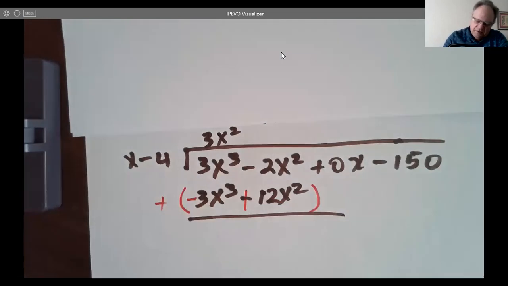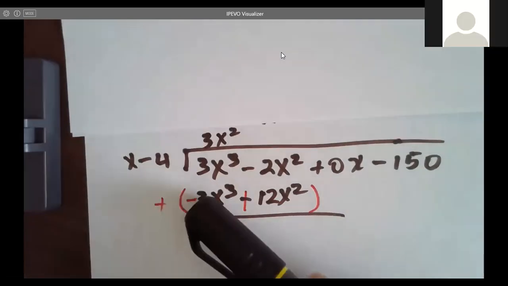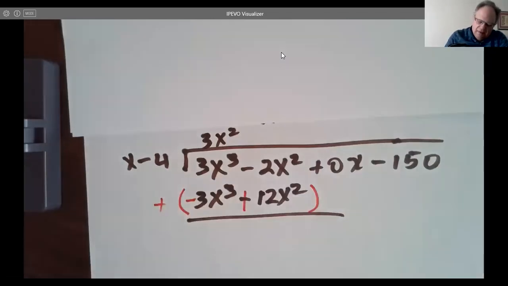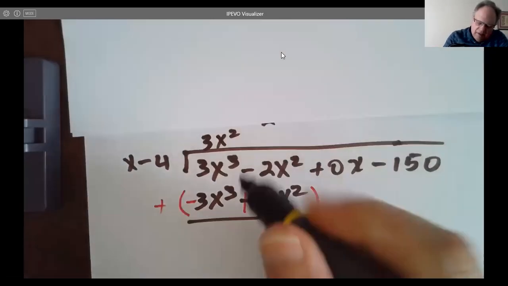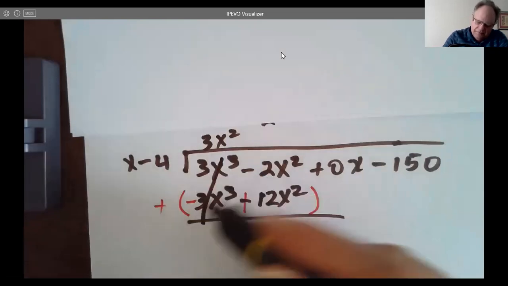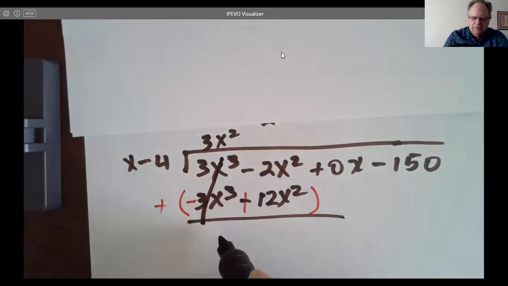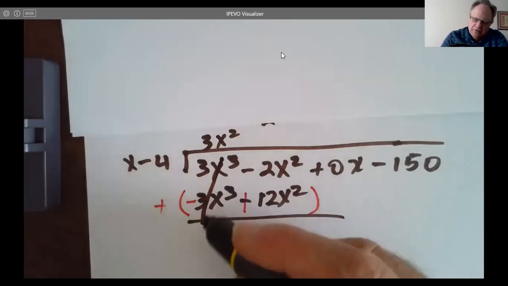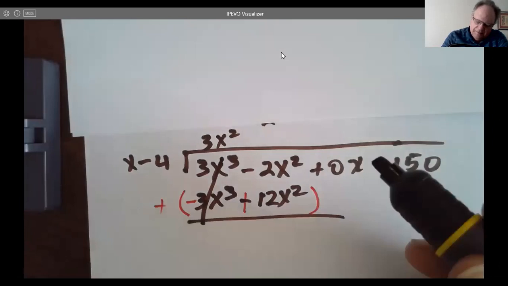Now, if the signs are opposite, we subtract. If the signs are the same, we add. So you've got positive 3x cubed and a negative 3x cubed. They go to 0. Well, we don't normally write 0x cubed. We just leave it as 0. And that's what we want. The whole idea is to eliminate the first term in every row.